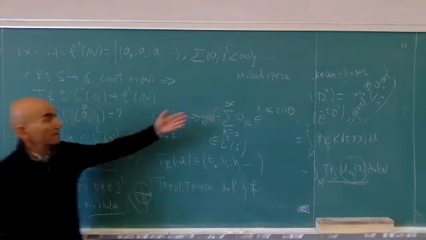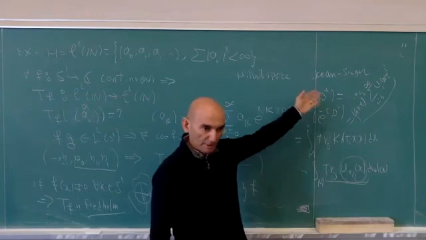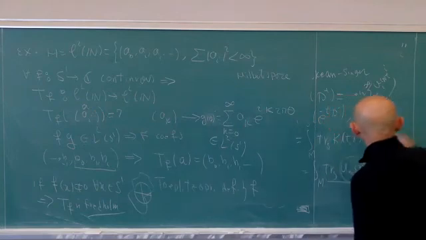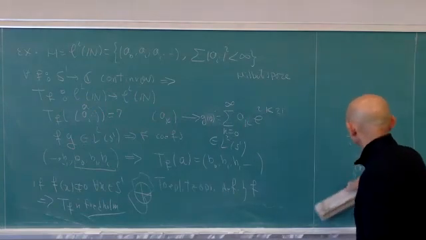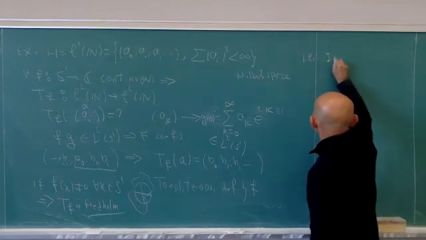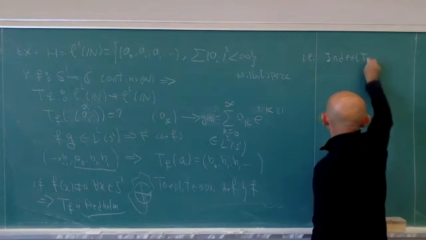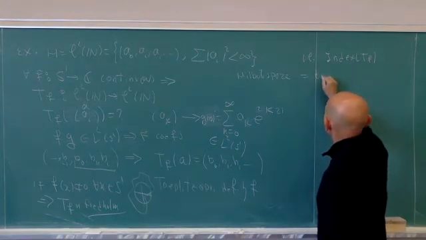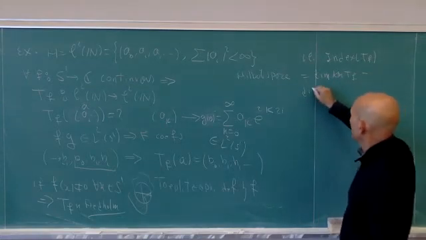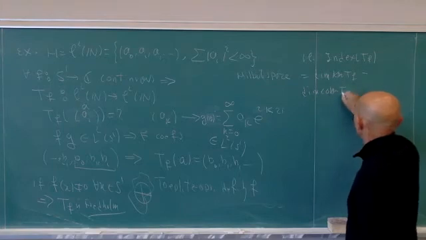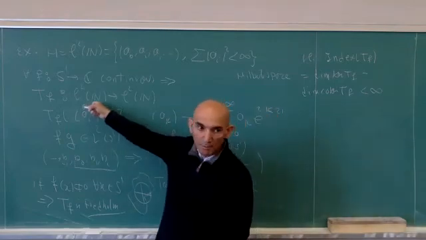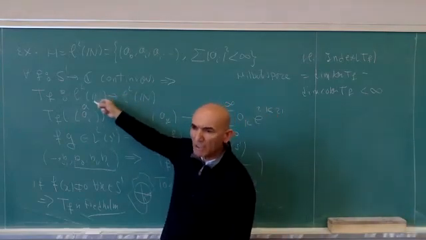Fredholm operators are the operators that we have been looking at. They have an index. I.e., the index of T_F is equal to the dimension of the kernel of T_F minus the dimension of the co-kernel of T_F, which is less than infinity. This is an operator going from Hilbert space to Hilbert space. You can show that it's a bounded operator.